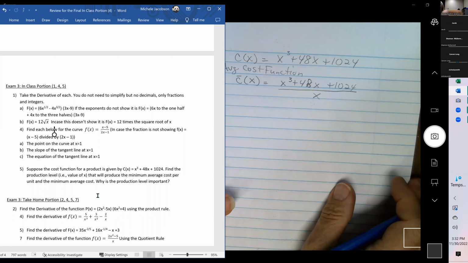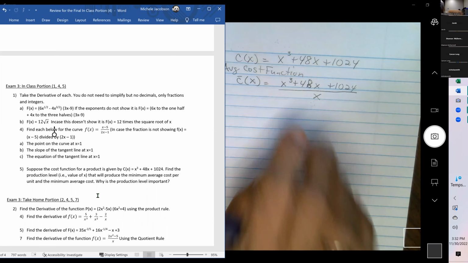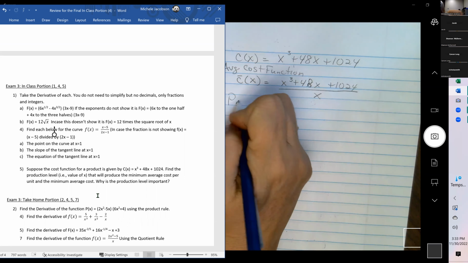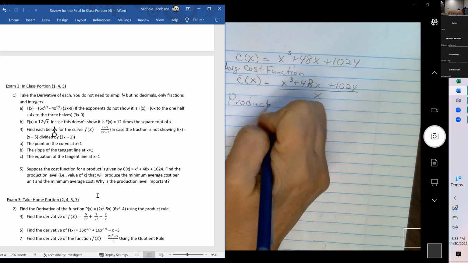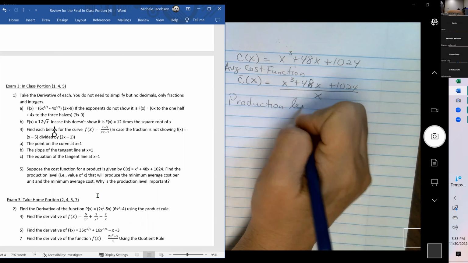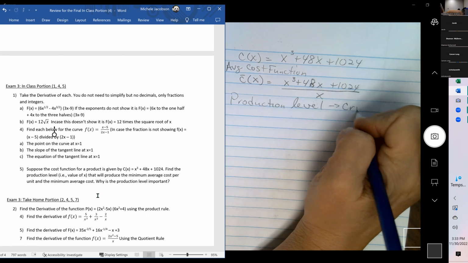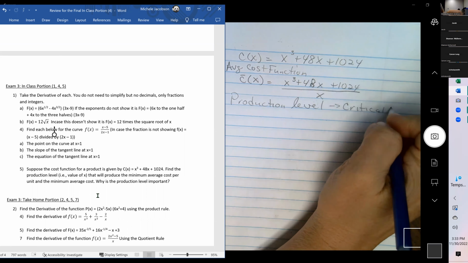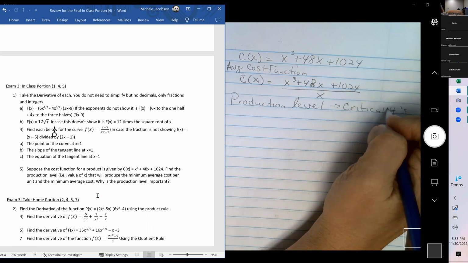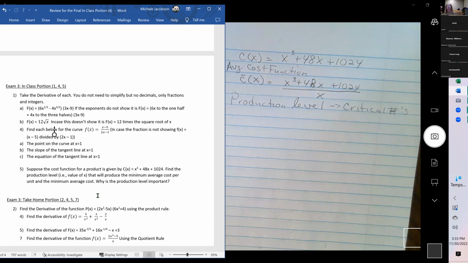All right, this is our cost function. The production level is given by the critical numbers of your average cost function.